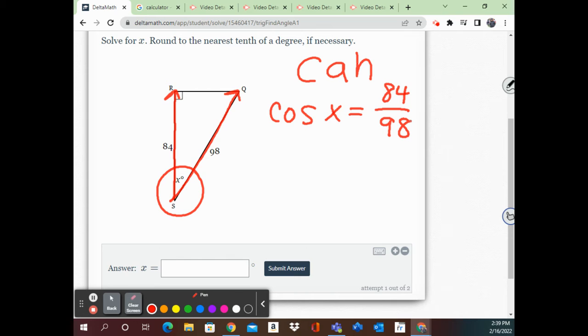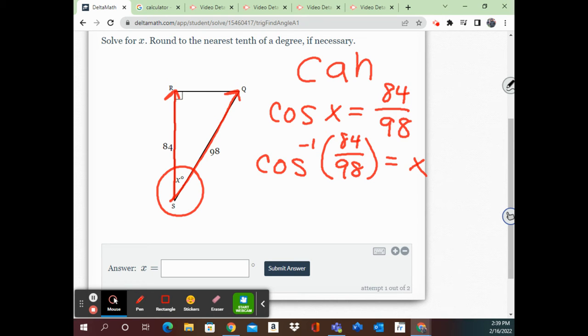So now, here's what I'm saying about the inverse. What we're going to end up having is cosine inverse of 84 over 98 equal to x. And we're just going to put this directly into our calculator.